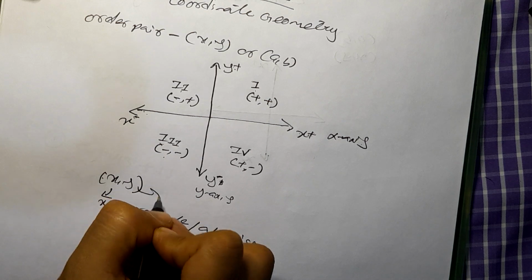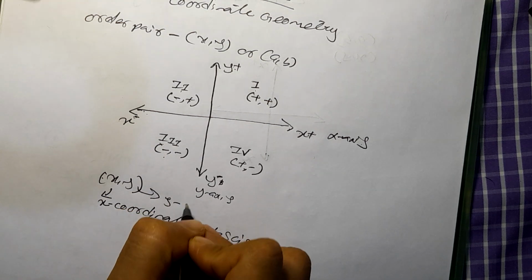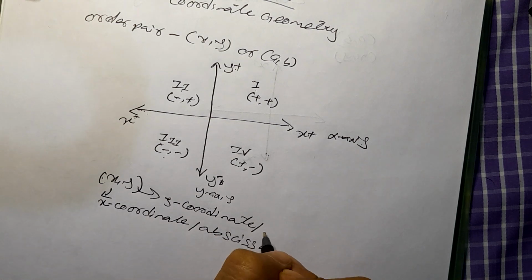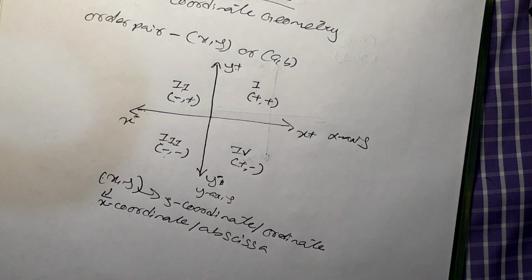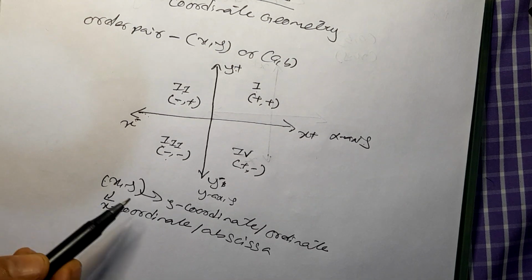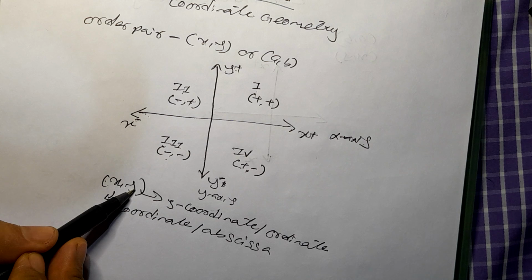The y also has two names, y coordinate or ordinate. So this is the x coordinate or abscissa, and this is the y coordinate or the ordinate.